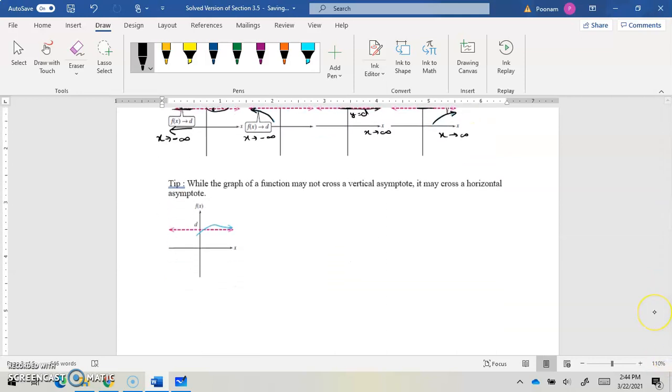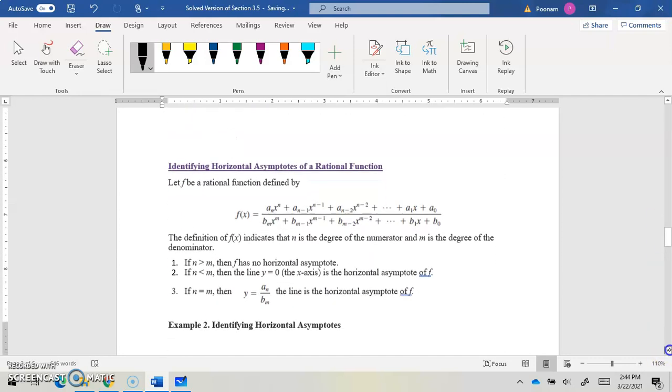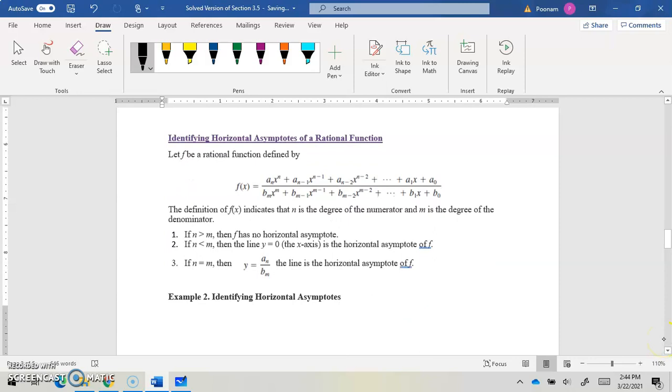Now, while the graph of a function may never cross the vertical asymptote, sometimes it does cross a horizontal asymptote. Sometimes the curve would just pass through the horizontal asymptote and then keep approaching that horizontal line value. Now we have to learn how to find the horizontal asymptote.